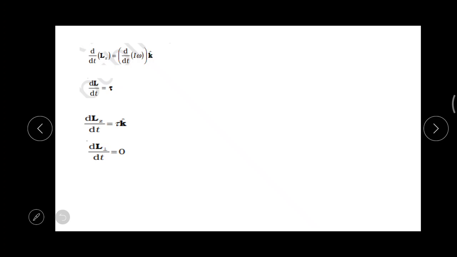Now, Lz value we have seen. Lz is equal to I omega K cap. Now we have to find d by dt of Lz, that is the rate of change of the angular momentum with respect to time.